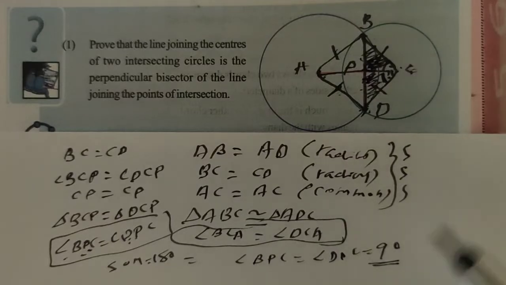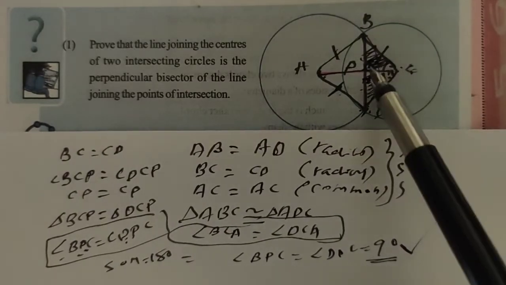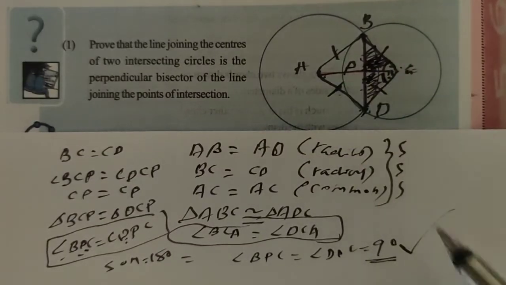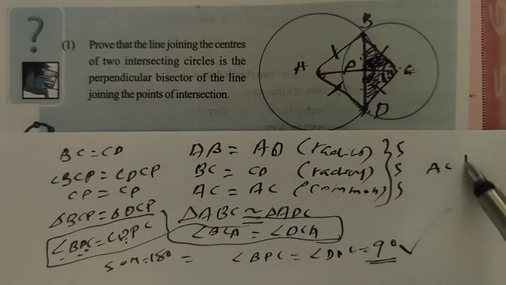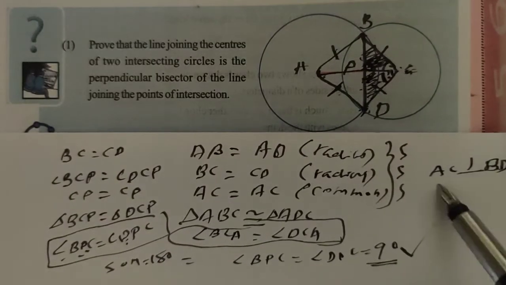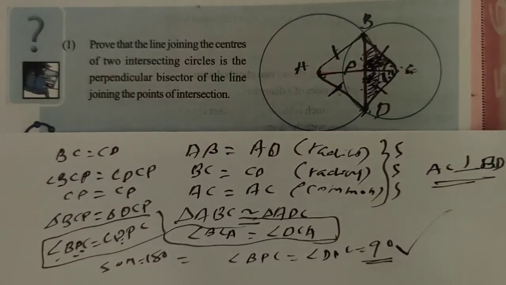Then there is only one possibility, each angle should be 90 degrees. Therefore, this angle is 90 degrees, which means AC and BD are perpendicular. You can see AC is perpendicular to BD.